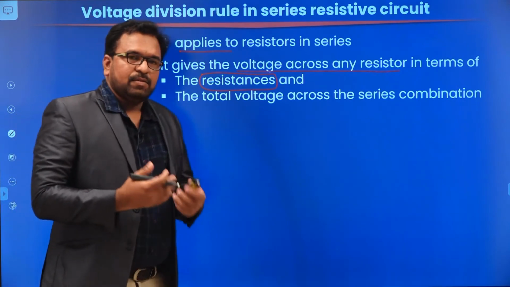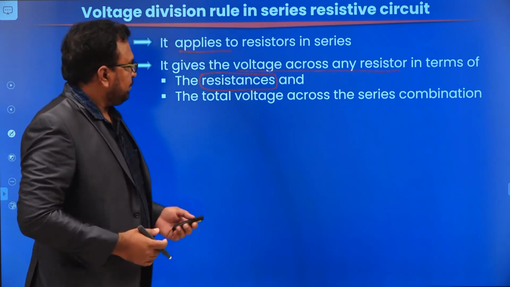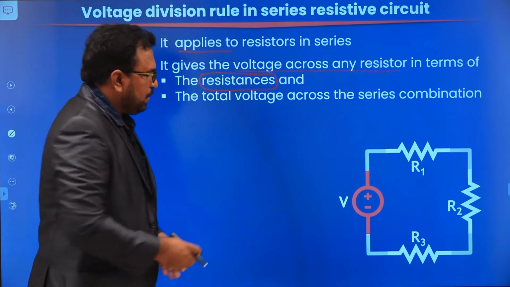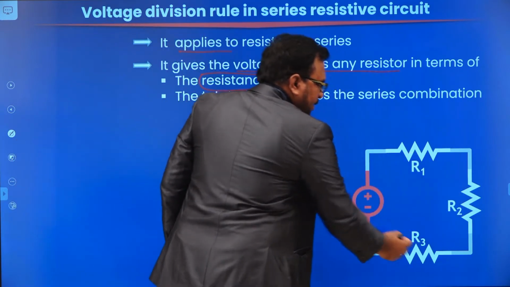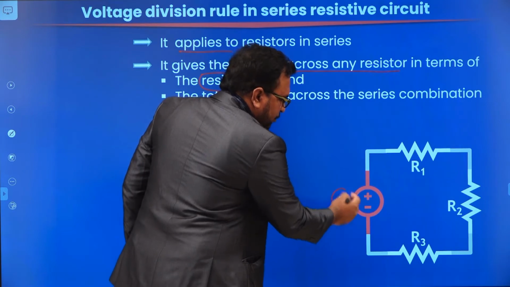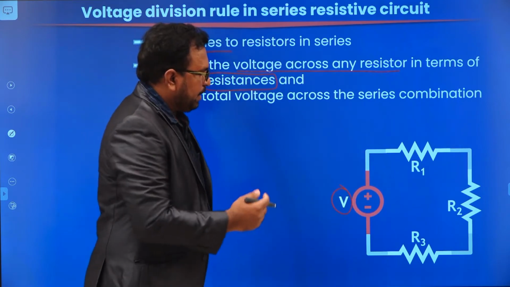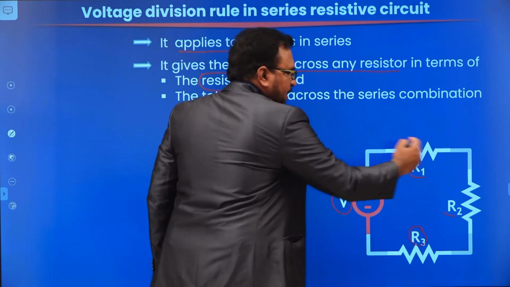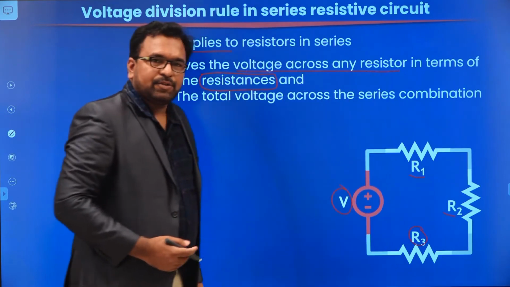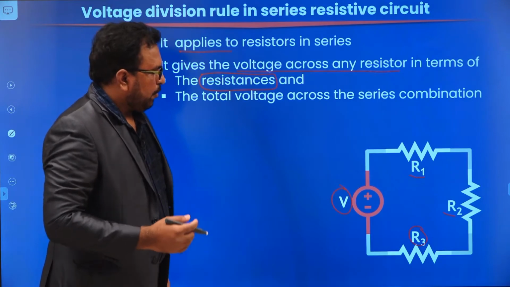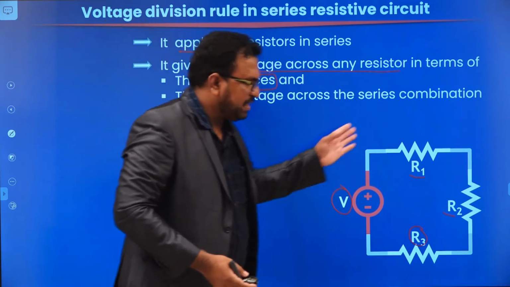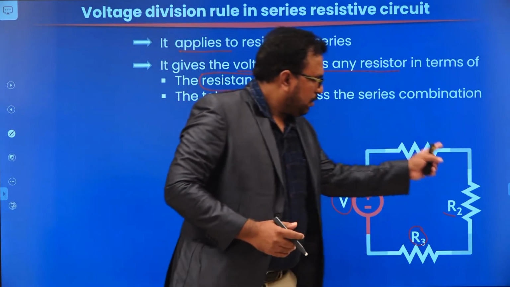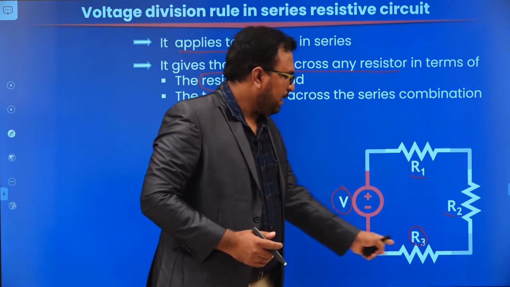How are we going to apply this voltage division rule? Let us see now. I have considered a series circuit here which involves three resistors, R1, R2 and R3, connected in series with a voltage source V. We already know that in a series circuit the current remains the same because there is only one path for current to flow.